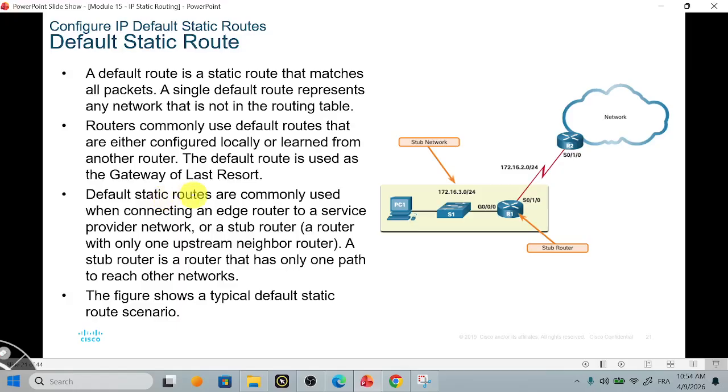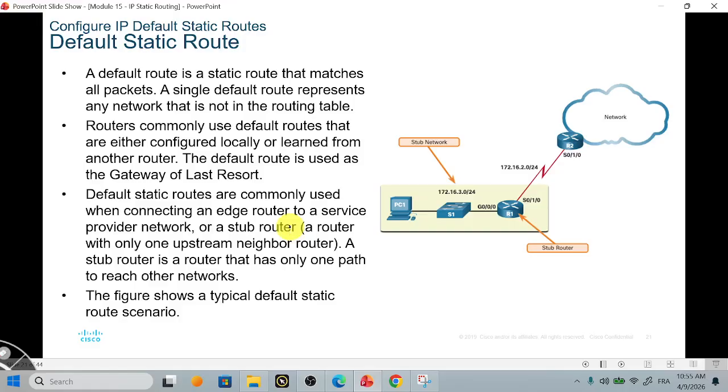Default static routes are commonly used when connecting an edge router to a service provider network, or to a stub router. What does a stub router mean?